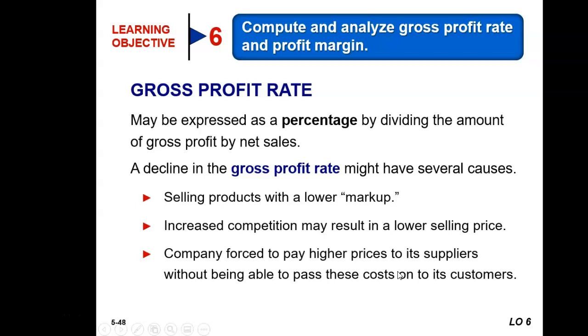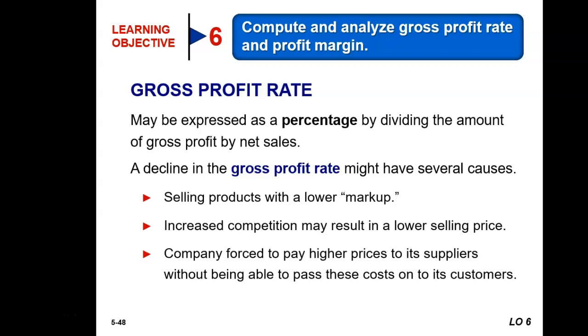Okay, almost done. A few different ratios: a gross profit rate and a profit margin. The gross profit rate shows what we call the markup on the actual sales price. It's the difference between what we sold a product for compared to how much we paid for the actual product.